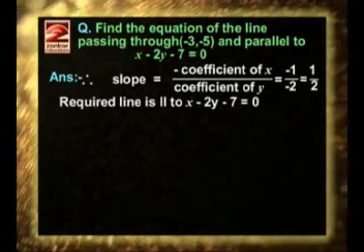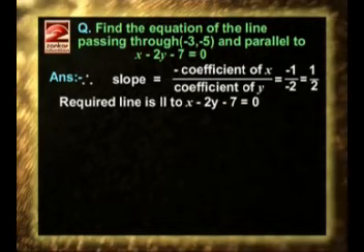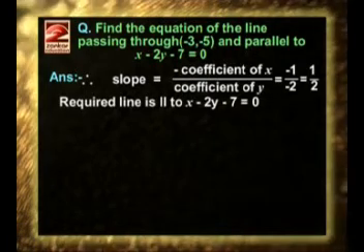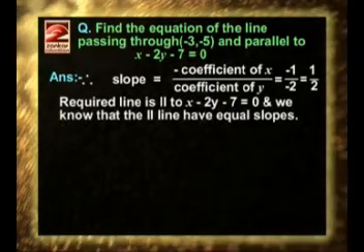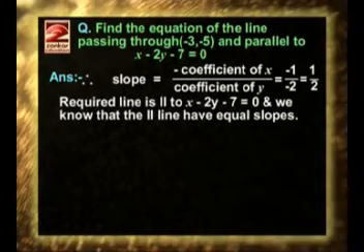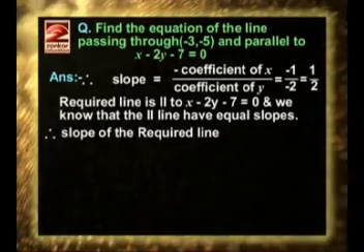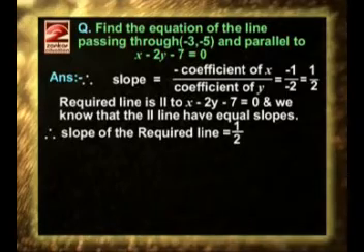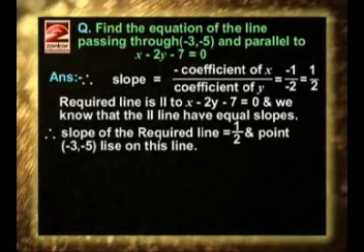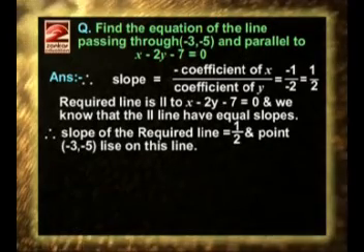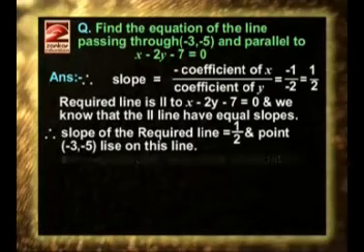The required line is parallel to x minus 2y minus 7 is equal to 0, and we know that parallel lines have equal slopes, and therefore the slope of the required line is equal to 1 upon 2, and point (-3, -5) lies on this line.